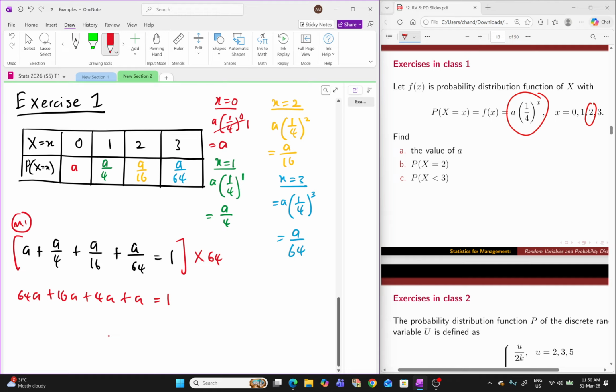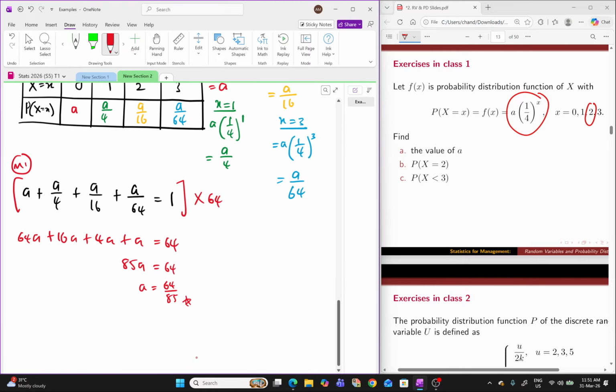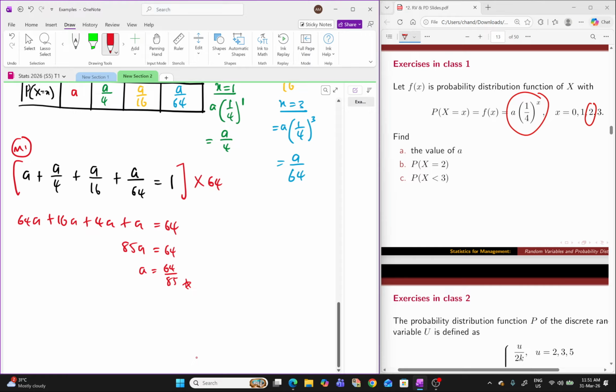If you add this, you should get 85A equals 64. So A is 64 over 85. Okay, this is one way. Copy this one.